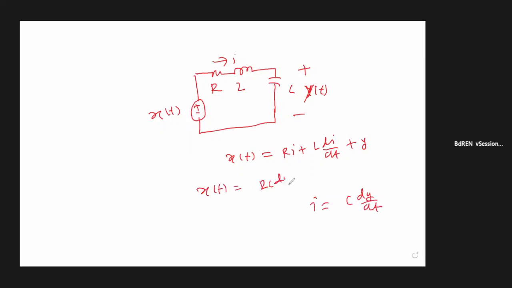RC dy by dt plus LC d2y by dt2 plus y. Then if we rearrange the equation into input-output form, you see that it is LC d2y by dt2 plus RC dy by dt plus y is equal to x, isn't it?